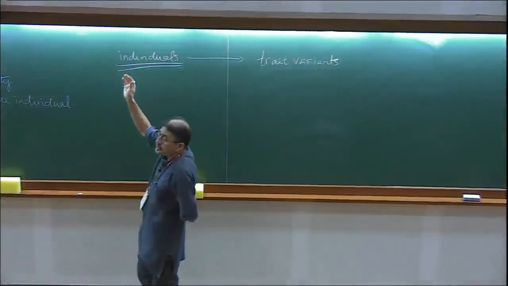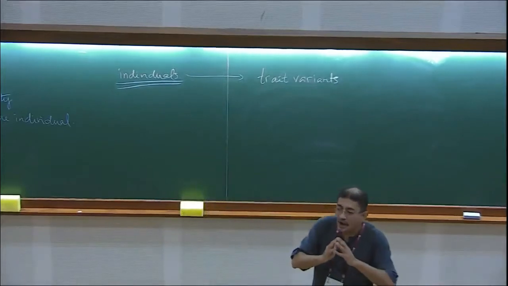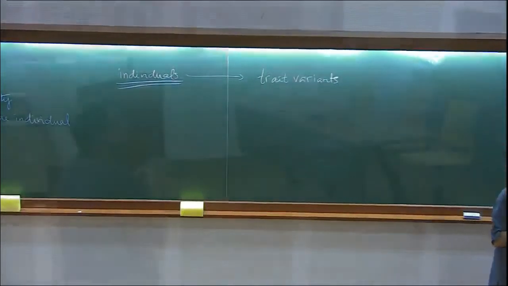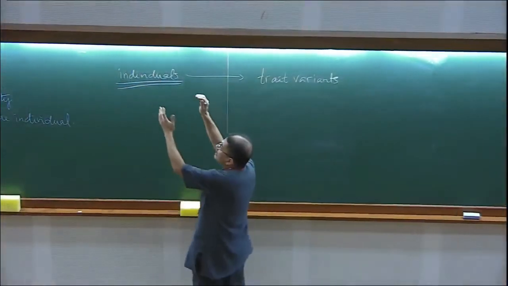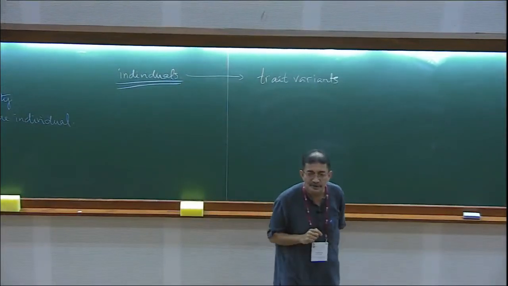The reason I stress this point is that the confusion between individuals and trait variants has dogged evolutionary biology ever since. It has led to a lot of confusion because perhaps being individuals ourselves, we like to cast our evolutionary writing in terms of individuals.